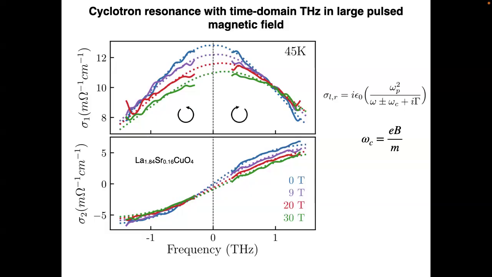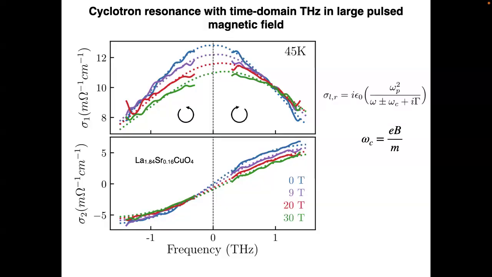Here you can see the real part and the imaginary part of the conductivity, plotted as a function of positive and negative frequency. Positive and negative frequency here means the response to right-hand polarized light, where the time dependence is e^(iωt), and the response to left-hand polarized light, where it's e^(-iωt).